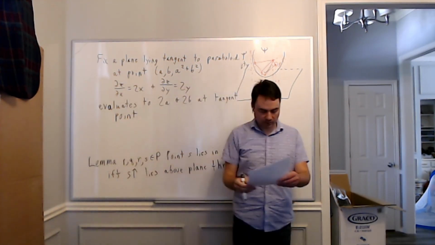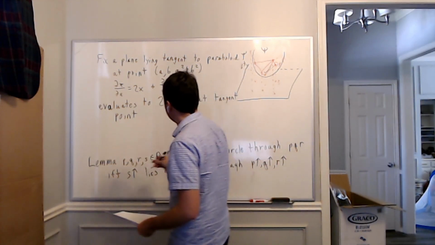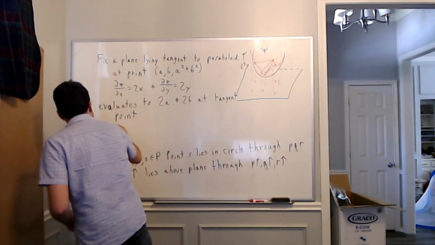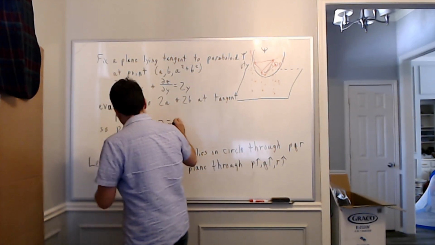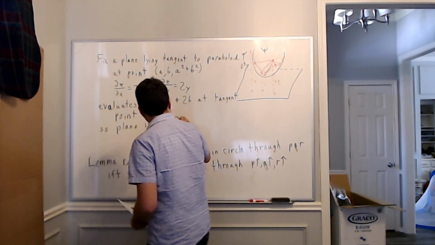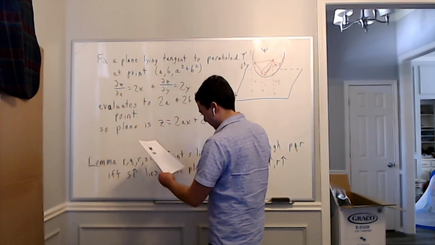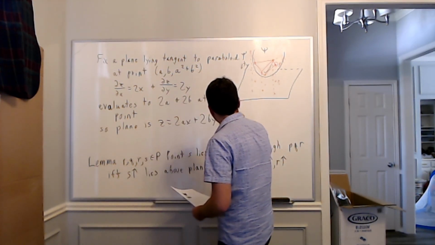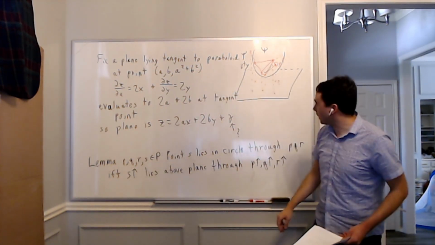And then that means the plane has to have the form z equals 2ax plus 2by plus some value gamma, where we don't know what gamma is yet.